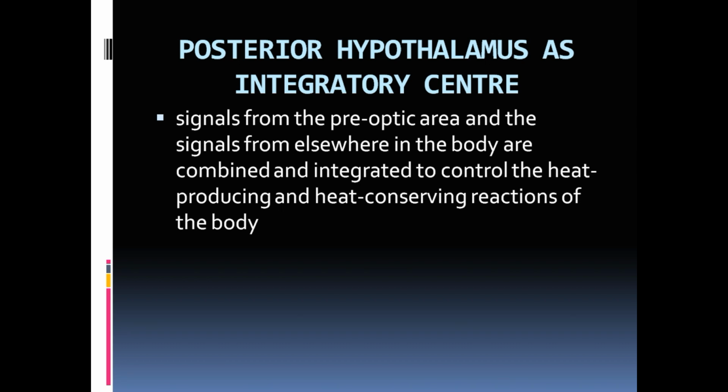So that is how the posterior hypothalamus sends the efferent neurons to the spinal cord, so that the spinal autonomic neurons, which are supplying the effector organs, can be stimulated and cause the desired outcome.